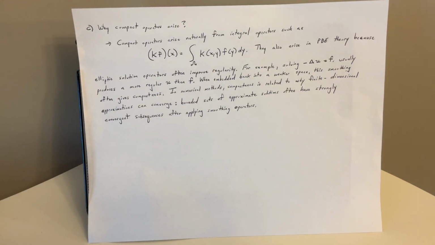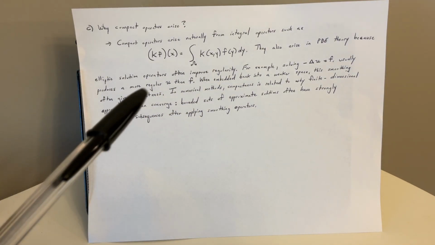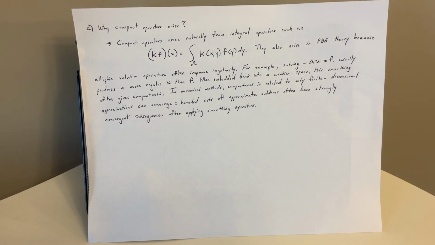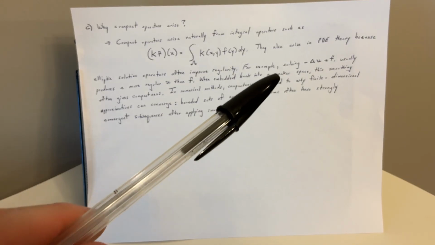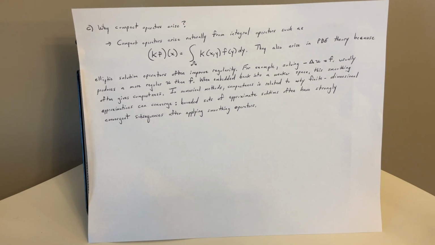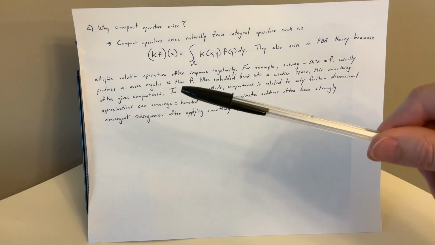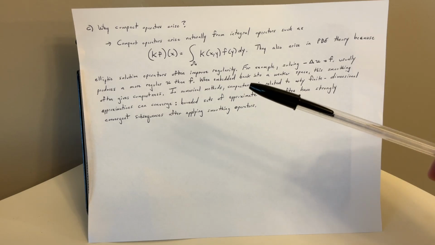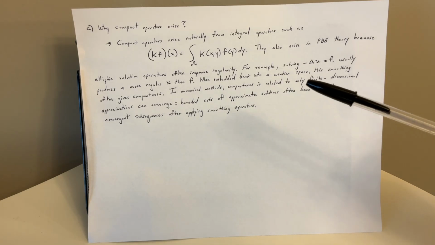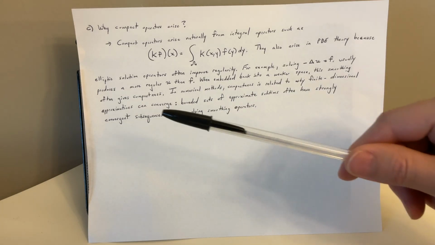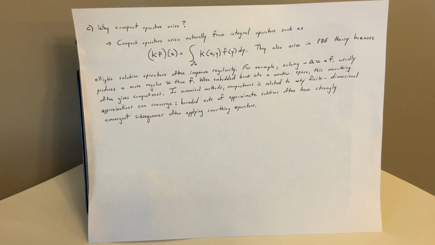They also arise in PDE theory because elliptic solution operators often improve regularity. For example, solving negative Laplacian of u equals f usually produces a more regular u than f, and when embedded back into a weaker space, this smoothing often gives compactness.